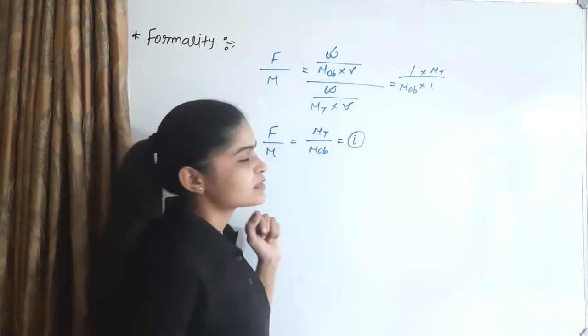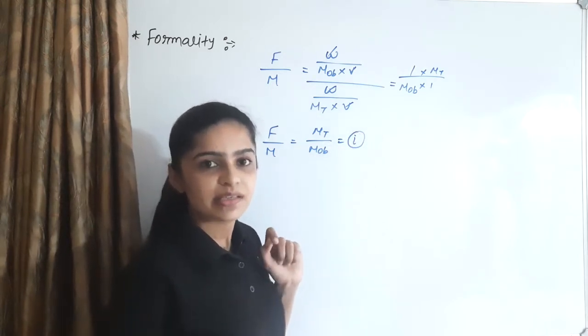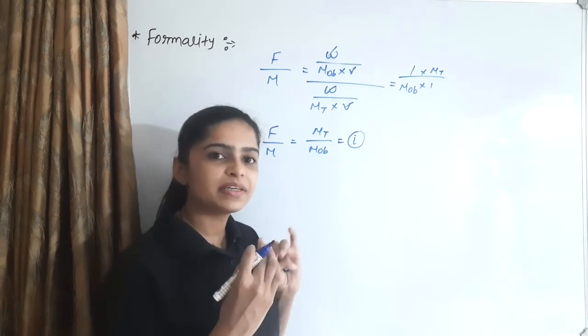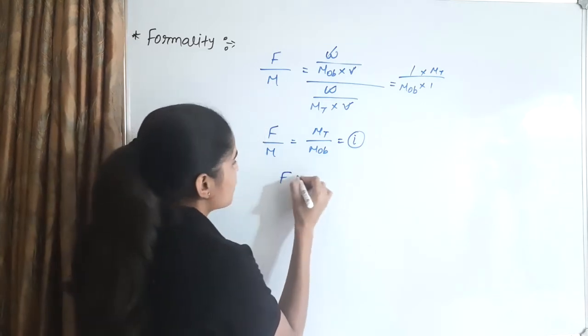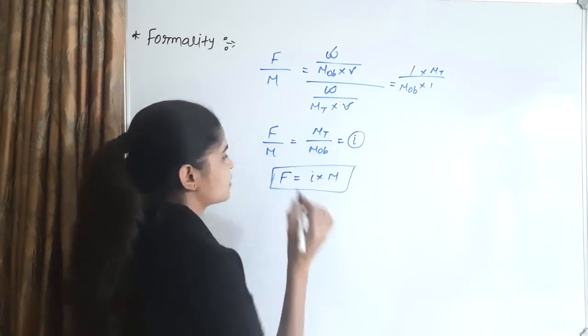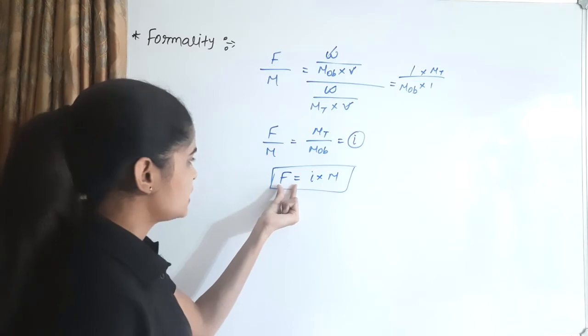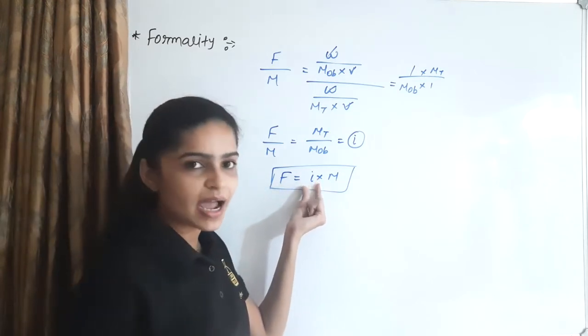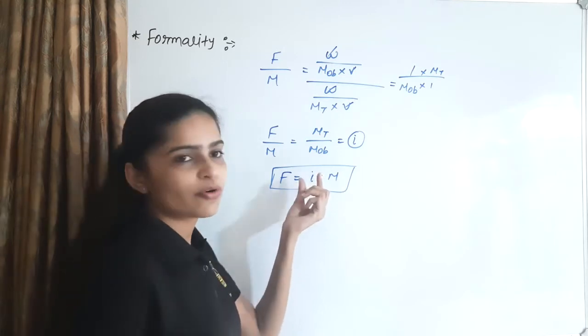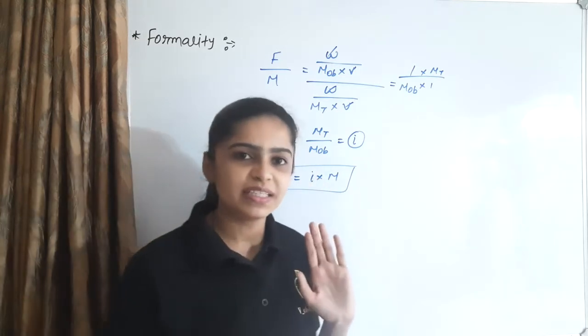So this i is the Van 't Hoff factor. So the relation between formality and molarity is that formality is equal to the Van 't Hoff factor multiplied by molarity. When we multiply molarity with the Van 't Hoff factor, it is equal to the formality.